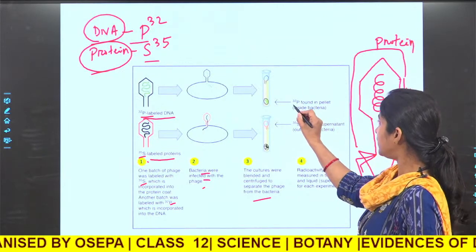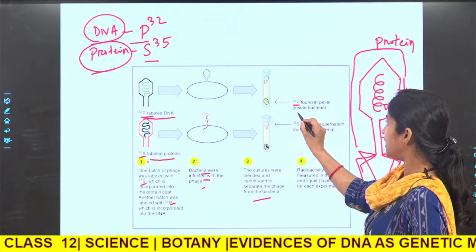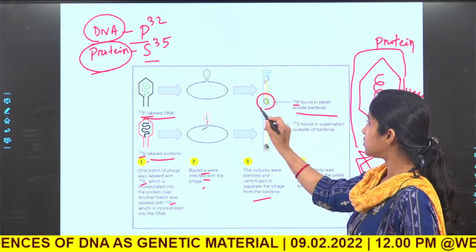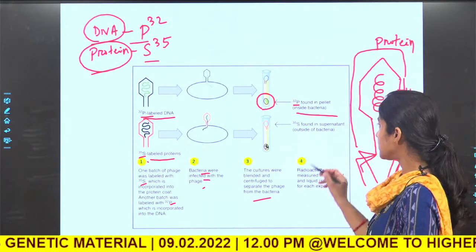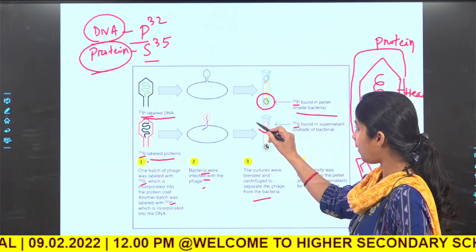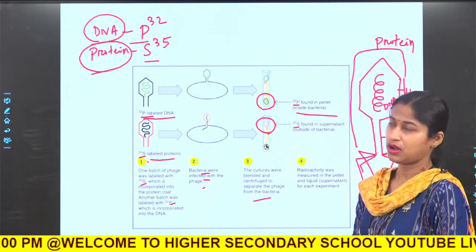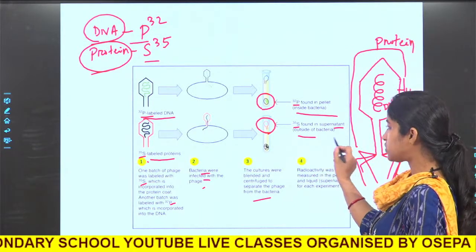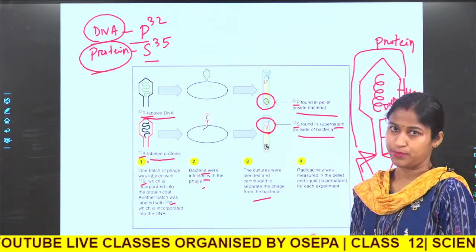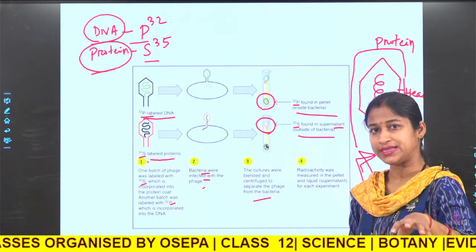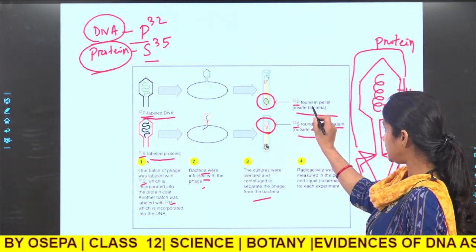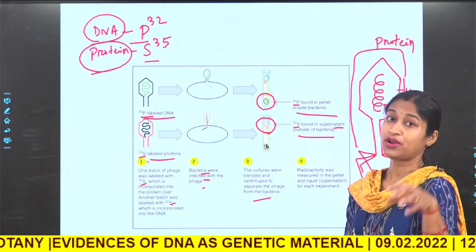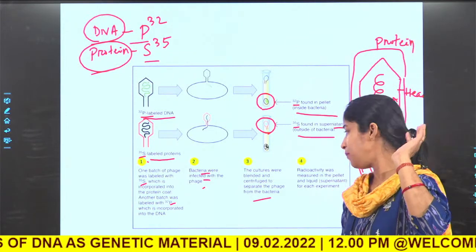The P32, inside the bacteria, they found in the pellet region, whereas the sulfur 35 they found in the supernatant region. Okay. So, S35 found in the supernatant means outside the bacterial cell, because it was not incorporated into the bacteria, and the P32 was found in the pellet, that is inside the bacteria, because it has been incorporated into the bacterial cell.